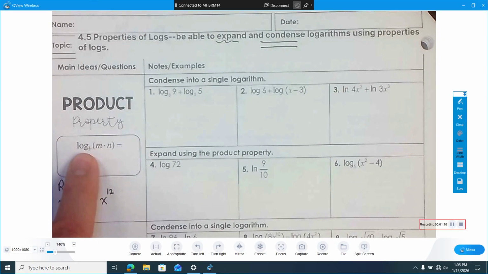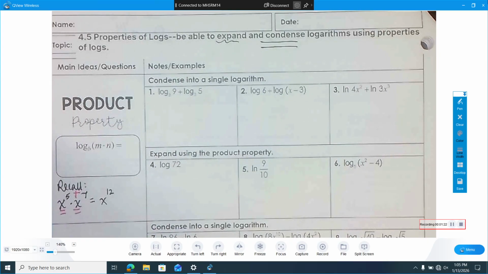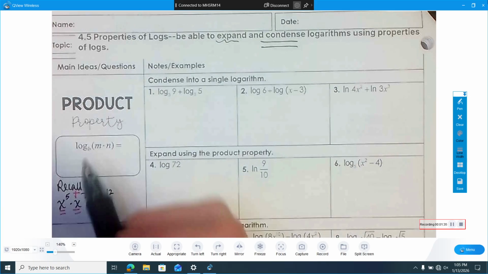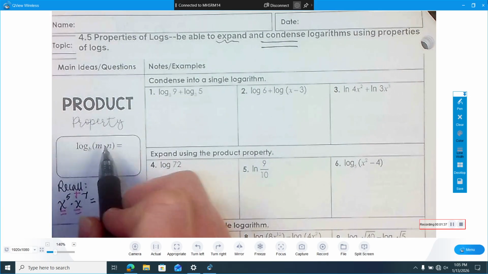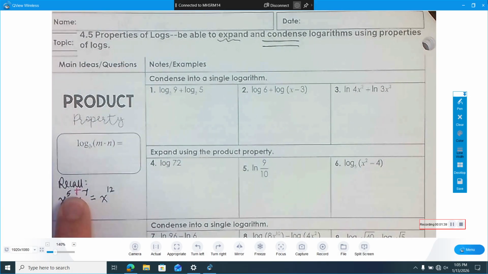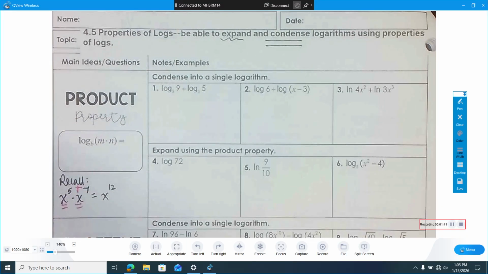In a logarithm, if I have a single logarithm, and inside the logarithm is a product, this is the product property, I can expand it. Expand means we're making it bigger, so we're going to end up writing log over and over. The product property says we're allowed to add the logs, much like we were allowed to add the exponents.